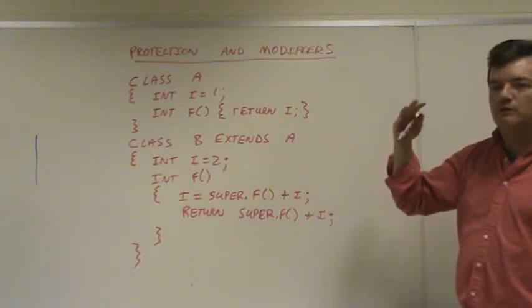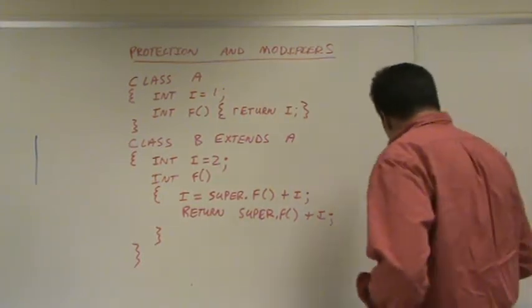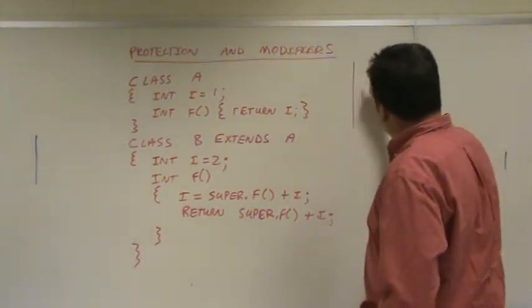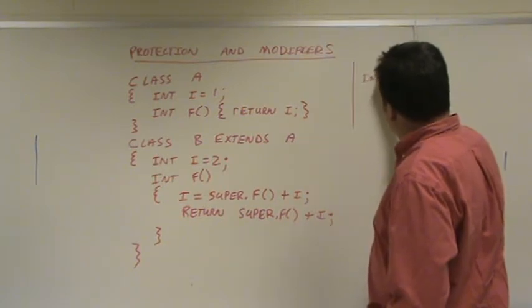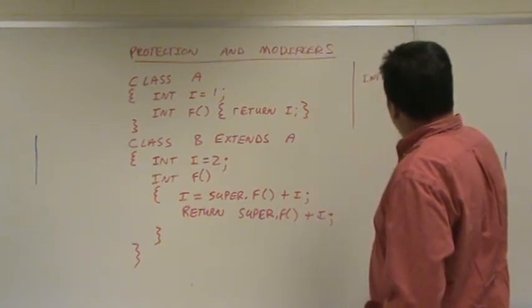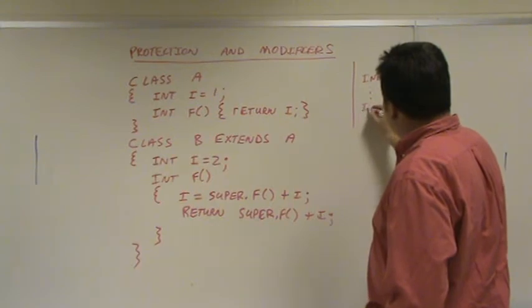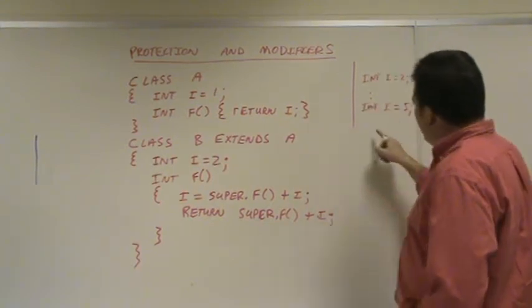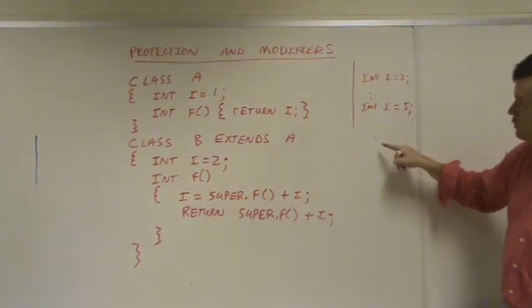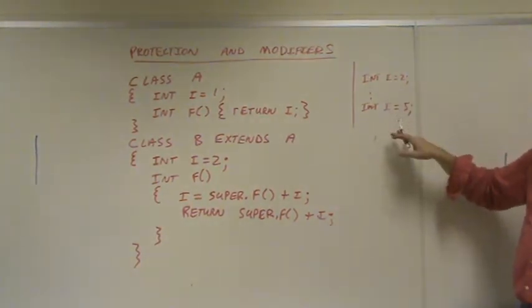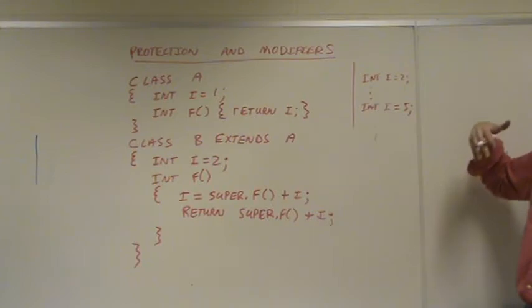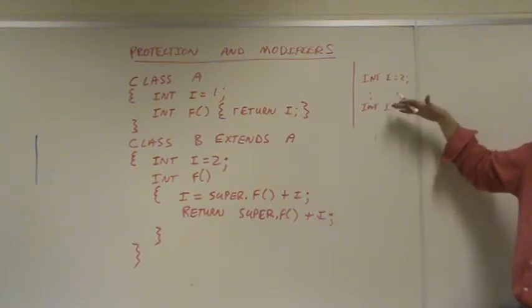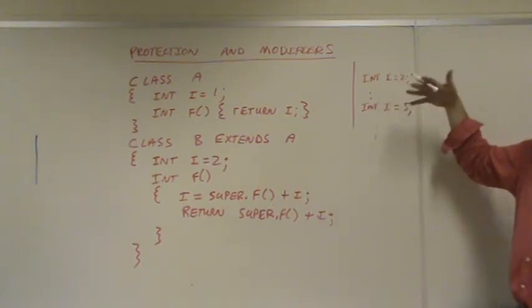So the only choices they really have, when you have a program that says int I equals 2, and then later on it says int I, same name, equals 5, anywhere down here, if you allowed this, if you just said, I'll take the most recent one, I'll ignore the first one.